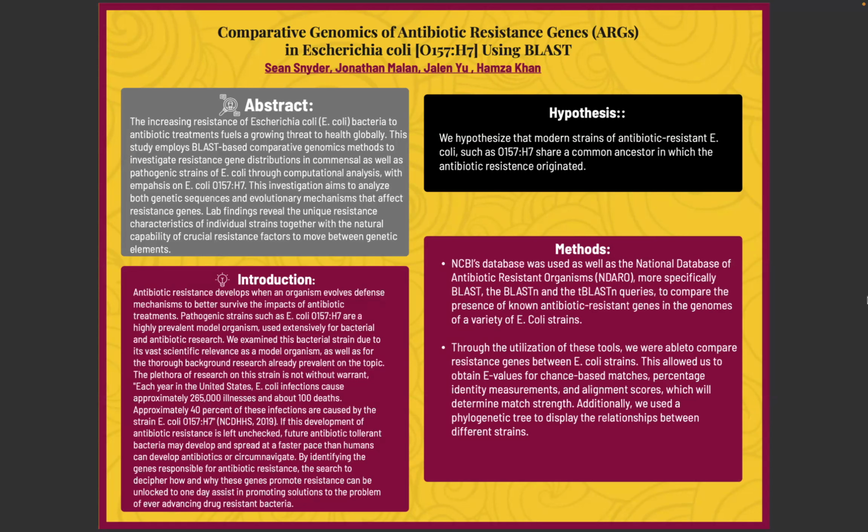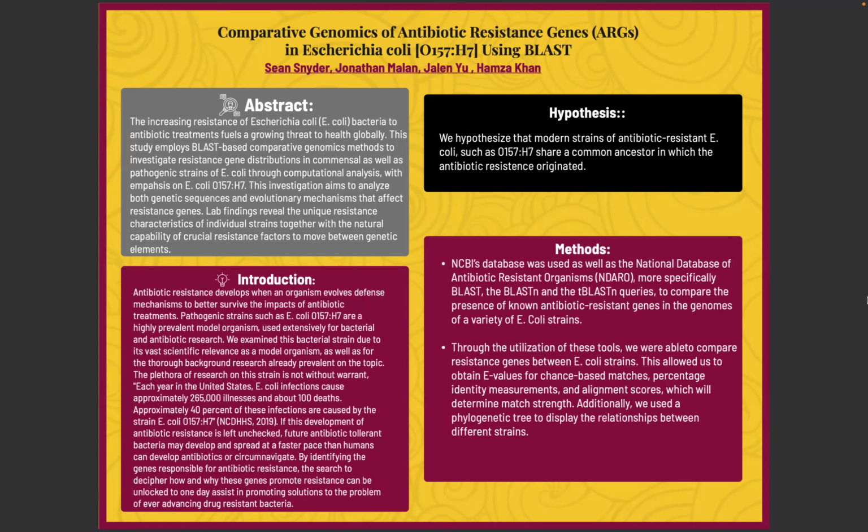So we hypothesized that with this research, the modern strains of antibiotic-resistant E. coli, such as O157H7, would share a common ancestor in which the antibiotic resistance genes originated. Our methodology was to use NCBI's database as well as the National Database of Antibiotic Resistant Organisms, more specifically BLAST, BLASTN, and TBLASTN queries to compare the presence of known antibiotic resistance genes in the genomes of a variety of different E. coli strains.